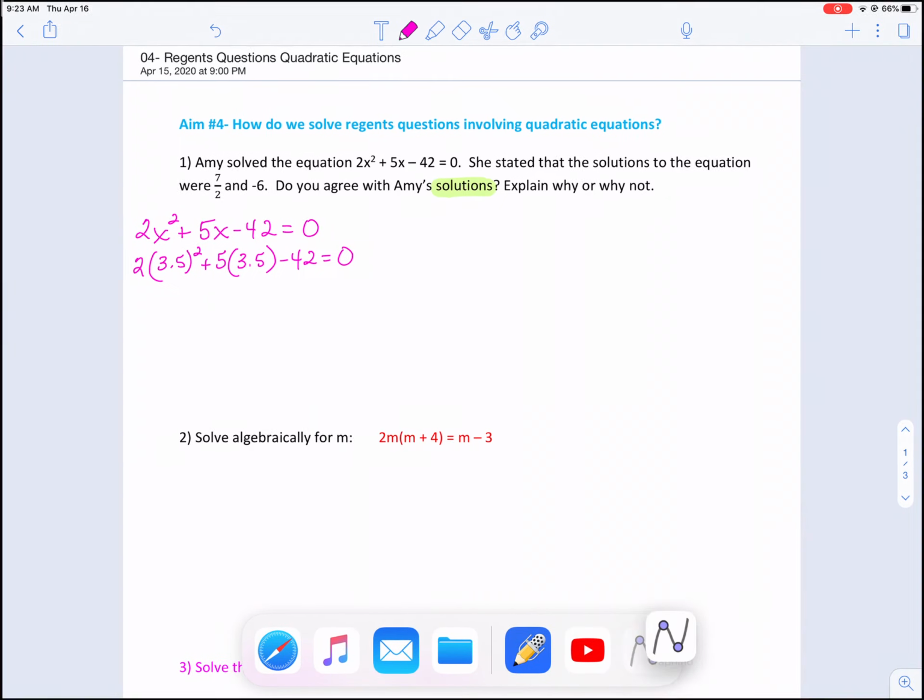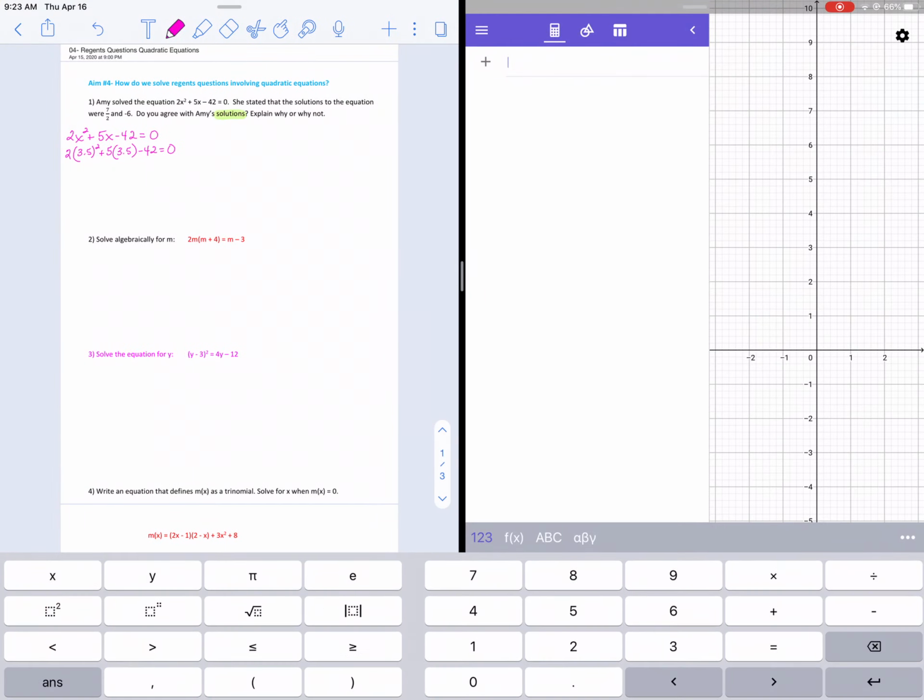You could pull up GeoGebra, as easy as this, and put it in. You could use 7 halves as well if you wanted to: 7 over 2 squared plus 5 times 7 over 2, or 3.5, and then minus 42. Does that equal 0? Yep, I know that works.